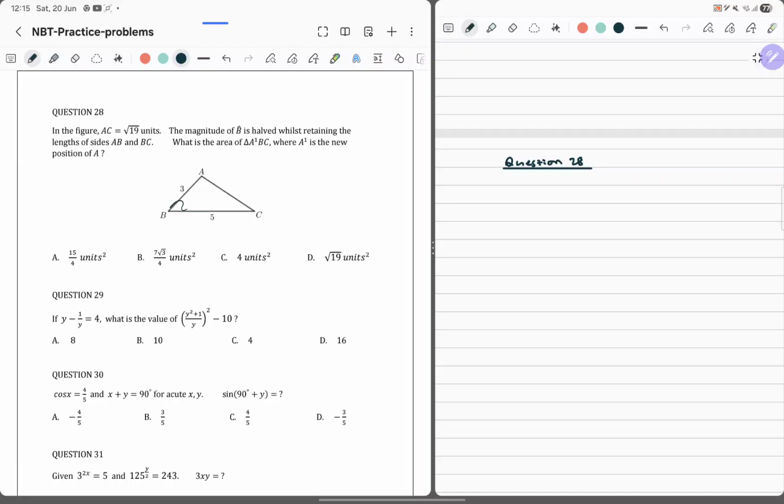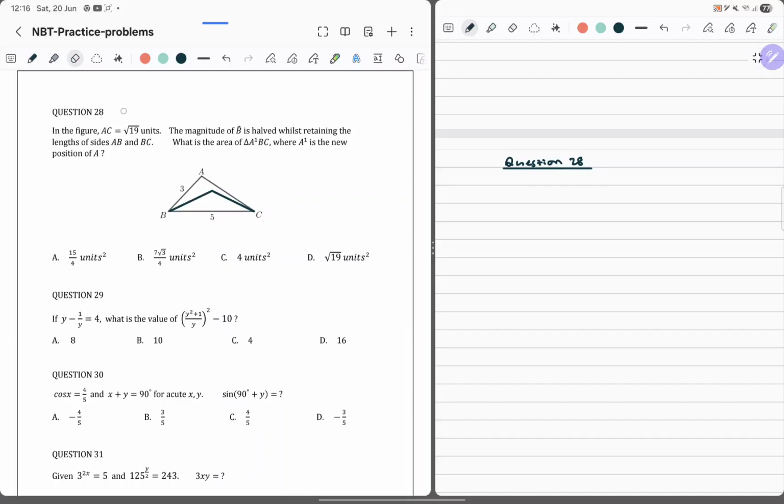What we need is this length, and then we move it around. Okay, so we can already see that this triangle changes completely.